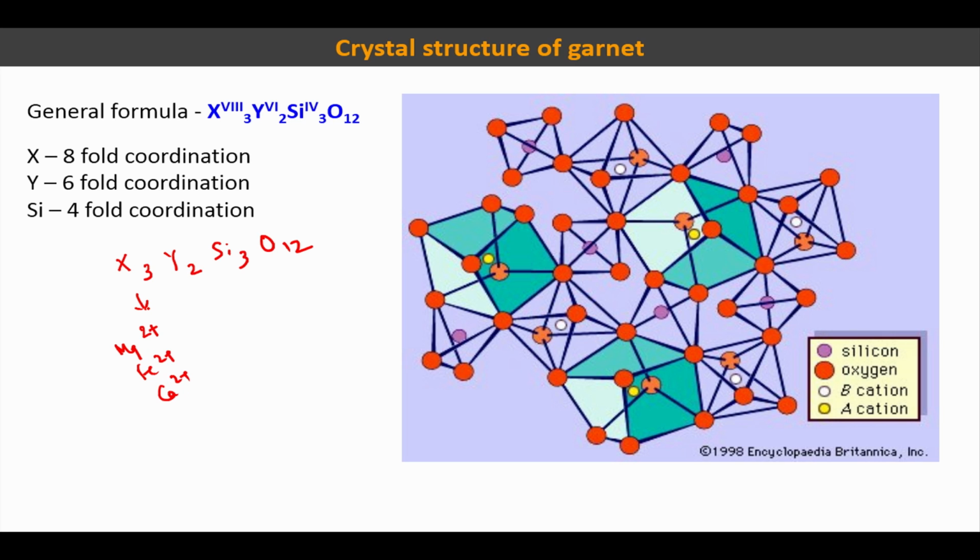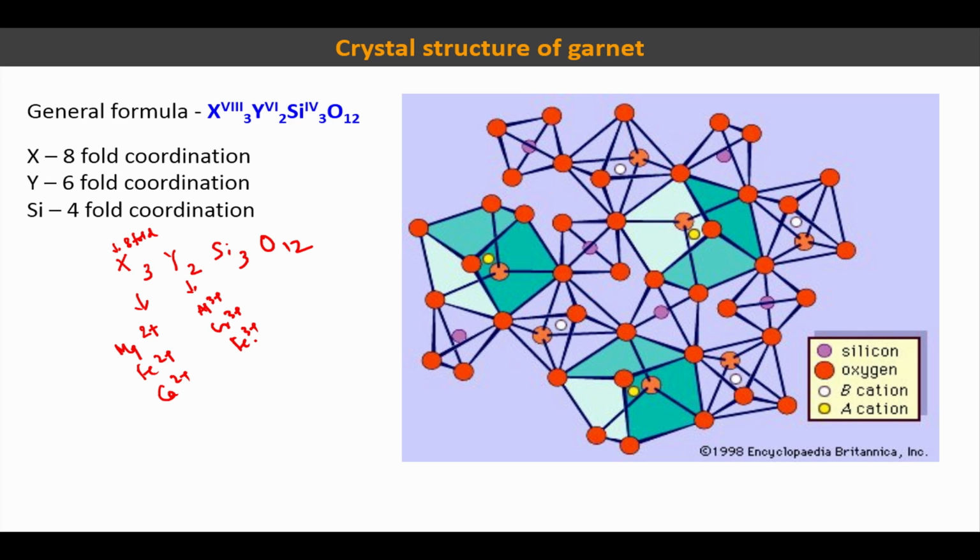All these cations can accommodate in the X site, and the coordination number of this X site is 8-fold. In the Y side you have a 3+ cation, so trivalent cations can accommodate there: aluminum 3+, chromium 3+, or iron 3+.